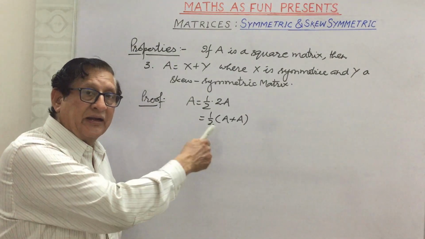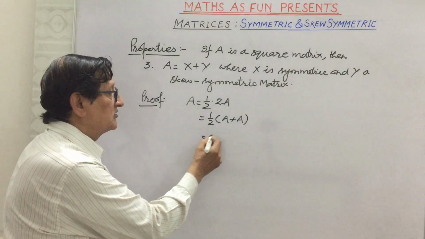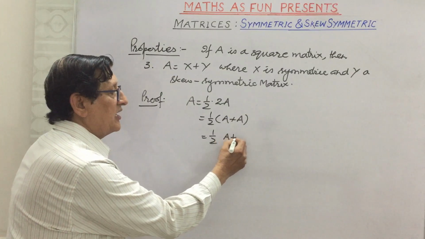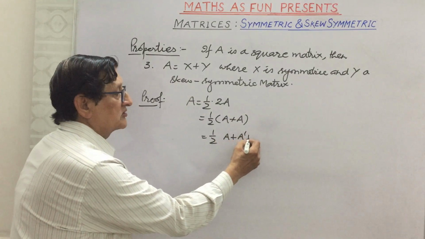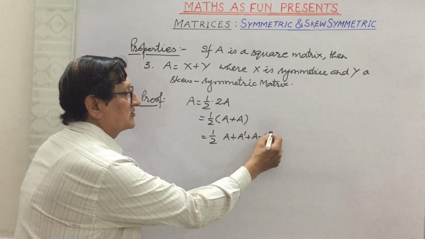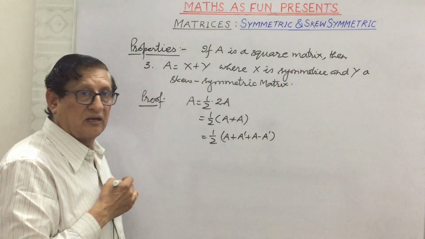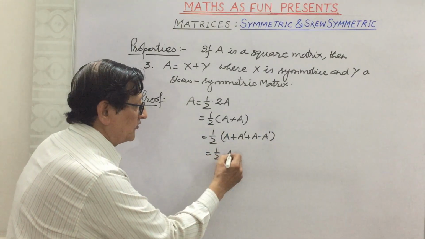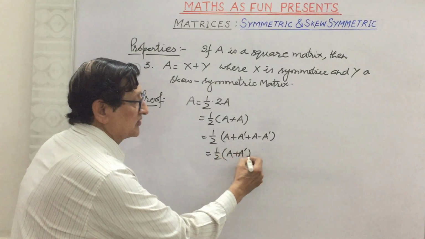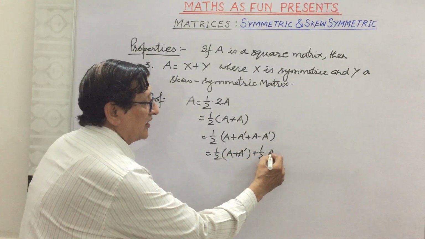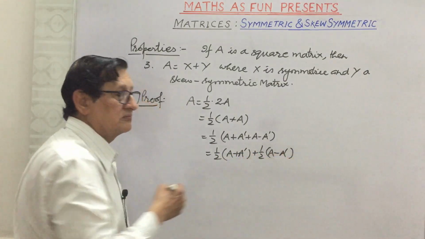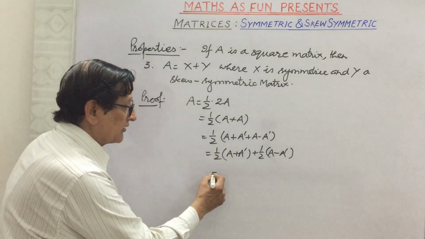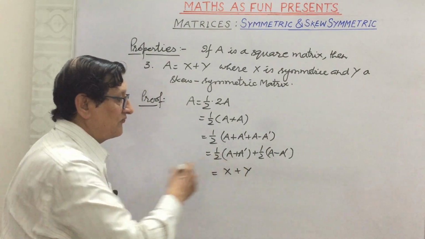If we add A dash and subtract A dash in this, it will be half of A plus A dash plus A minus A dash. We can also write this as half of A plus A dash plus half of A minus A dash. This can be taken as X and this as Y.